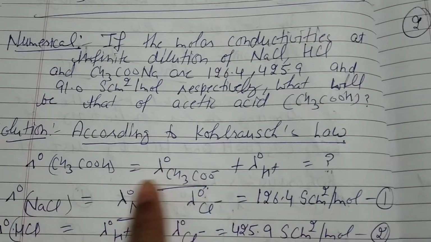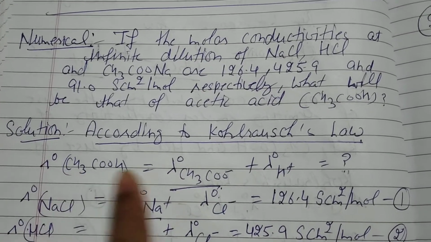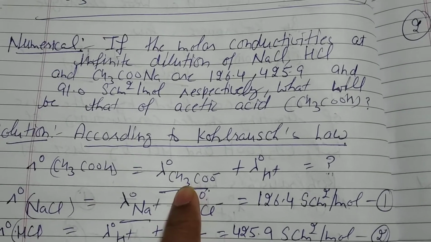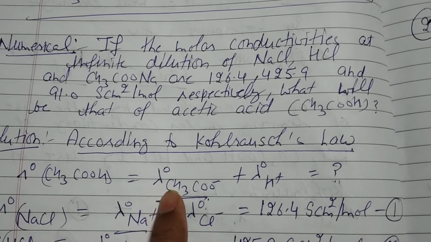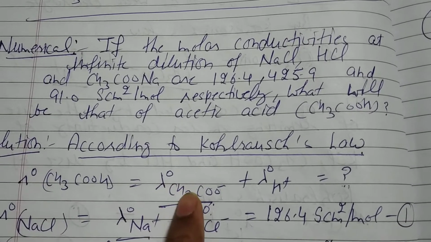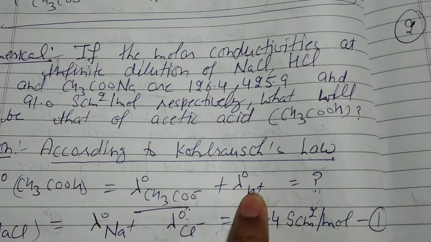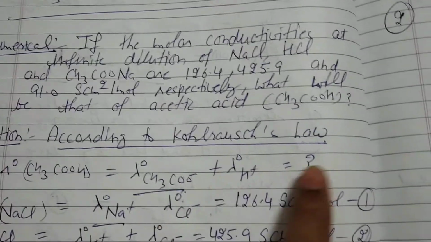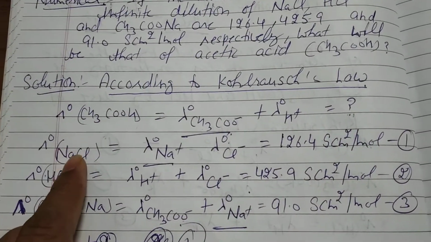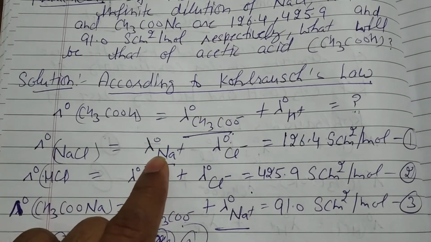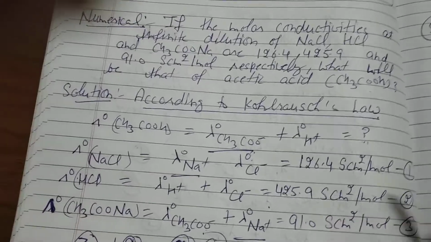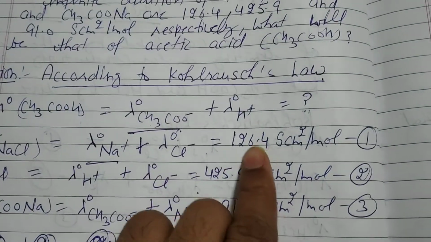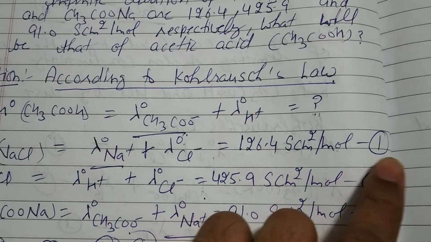This is Kohlrausch law. In Kohlrausch law, the limiting molar conductivity is equal to the individual sum of limiting ionic conductivity of cation plus limiting ionic conductivity of anion. So this we have to calculate. Now we are given the limiting molar conductivity of NaCl: lambda naught Na positive plus lambda naught Cl negative is equal to 126.4 Siemens centimeter square per mole, equation 1.